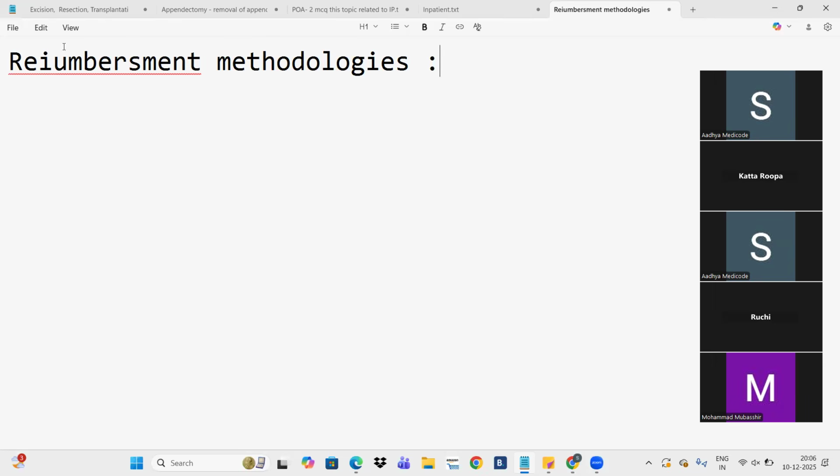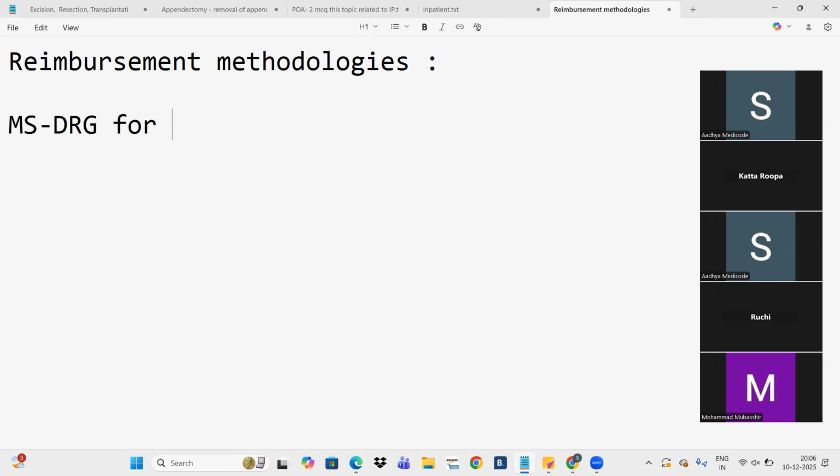Reimbursement methodologies. So we have a total of two reimbursement methodologies, for inpatient and outpatient. For inpatients, they will calculate the payment based on the MSDRG reimbursement methodology.